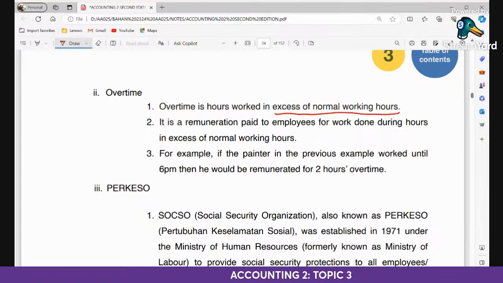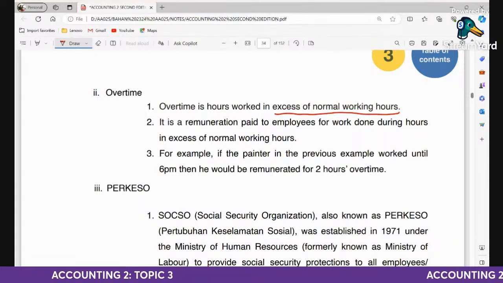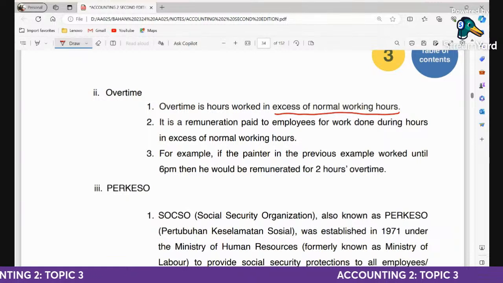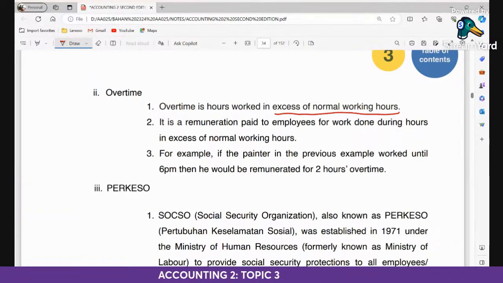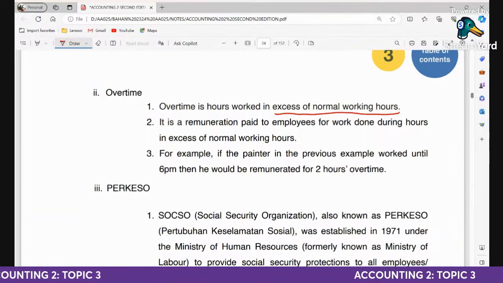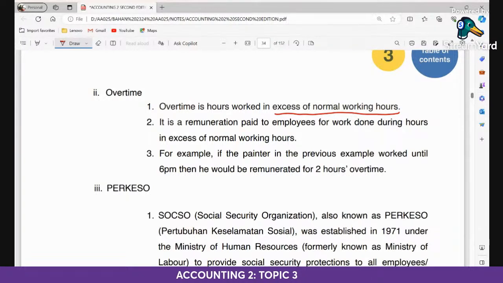Okay, so contoh, katakan anda bekerja di sebuah restoran makanan segera. Alright, so your maximum working hours is actually 8 hours per day. Okay, so let's say hari tu short of staff, tidak cukup pekerja. So you already work 8 hours and then supervisor minta you tambah lagi 2 jam waktu kerja.